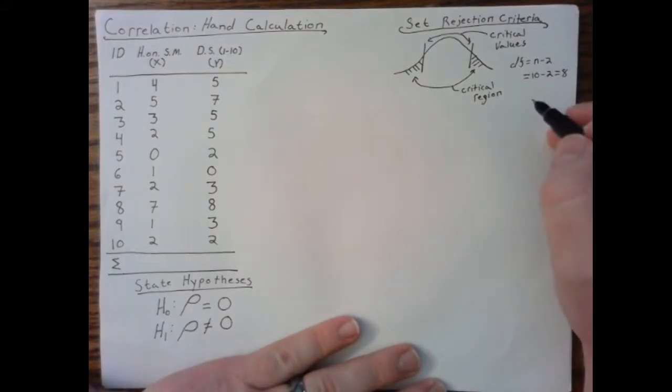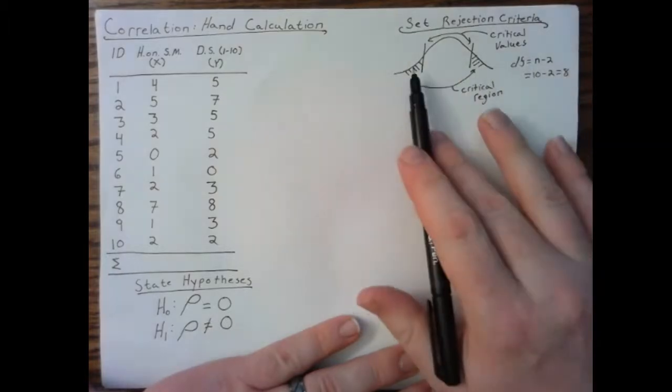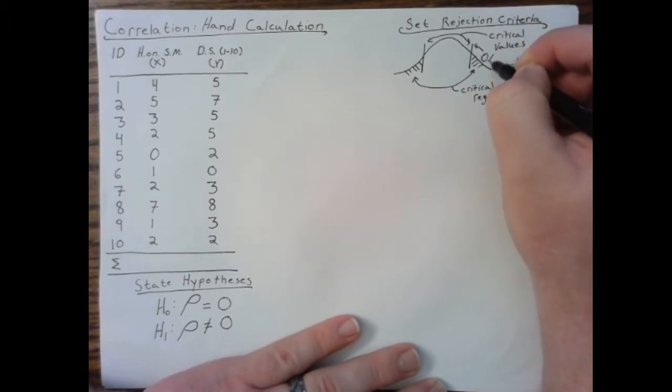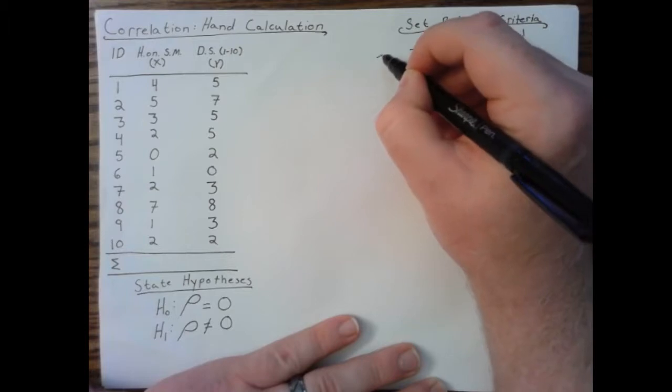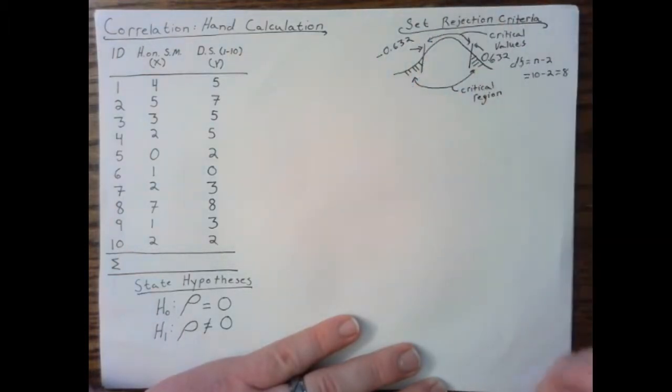And that number that I see is actually 0.632. Now it's important to recognize that now that I have a two-tailed test, this critical value is going to be 0.632. And this one over here is actually going to be negative 0.632.